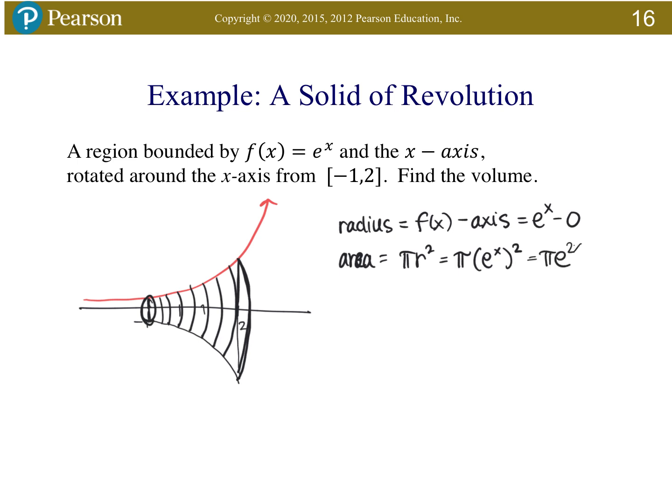Bless you. Then the volume would be on the bounds from negative 1 to 2 of pi times e to the 2x dx.